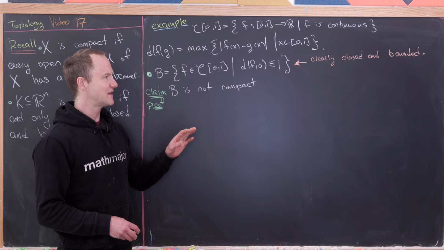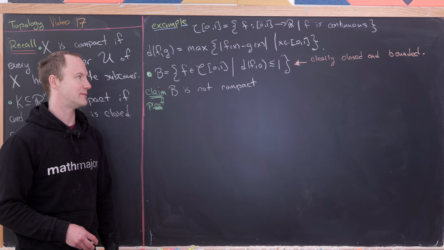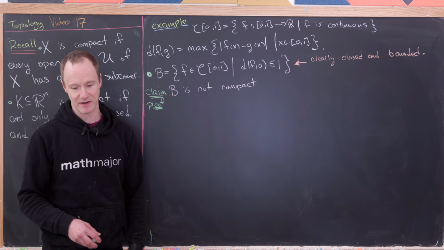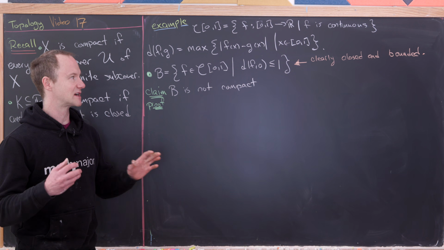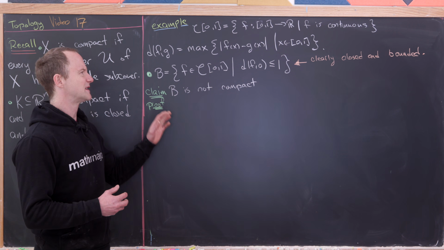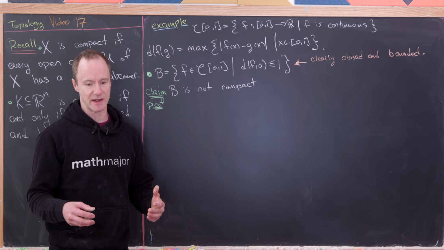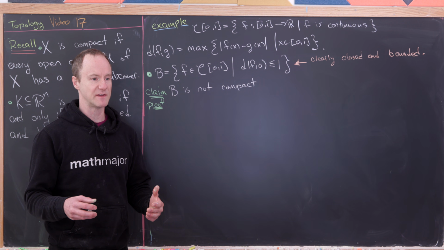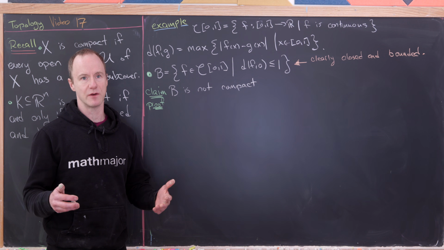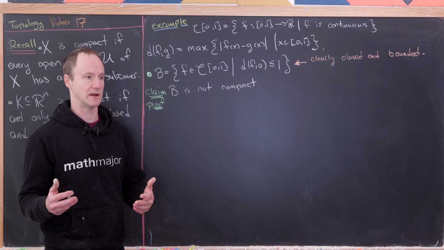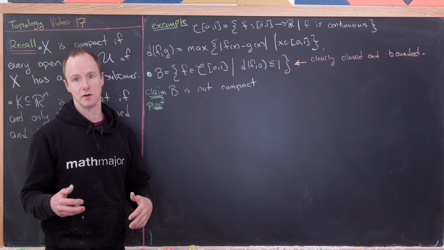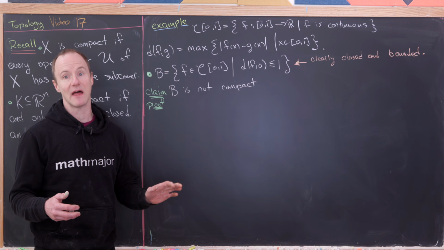Now I'd like to notice that this is clearly closed and bounded. Well, it's bounded by definition. And why is it clearly closed? Well, this is a closed ball in a metric space, and you can prove that this is closed just the way that you'd prove any closed ball in a metric space is closed. And I think we've even done that before.